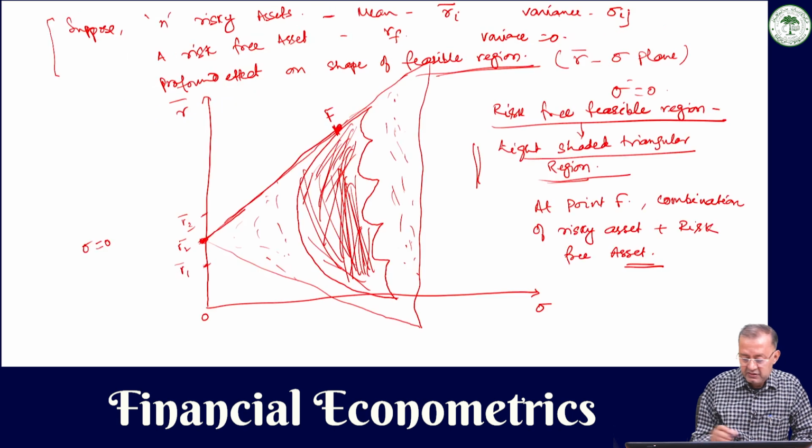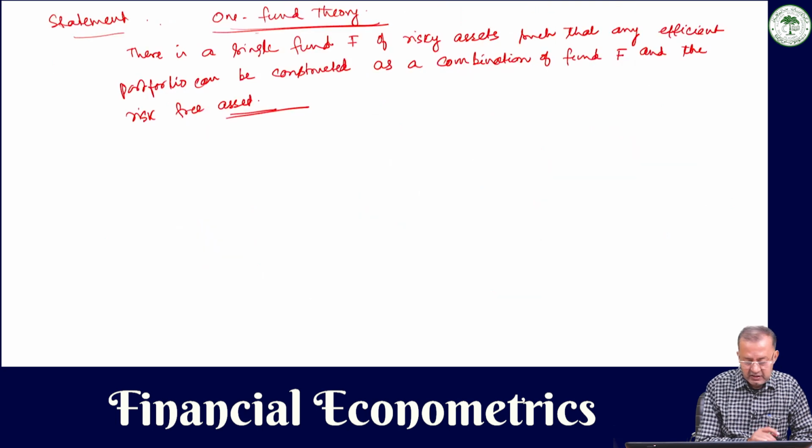This is what is here in this diagram at point F. The risky asset is there, and the combination of the risky asset with a risk-free asset is the line originating from this point. So this is all about two-fund and one-fund theory. And the background of this two-fund or one-fund theory goes back to the Markowitz theorem.